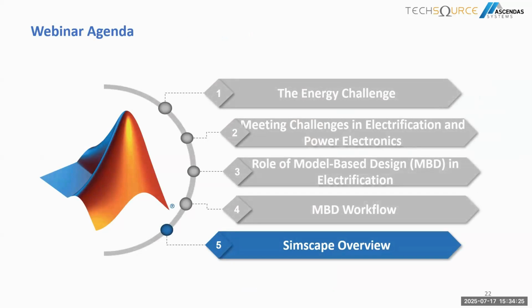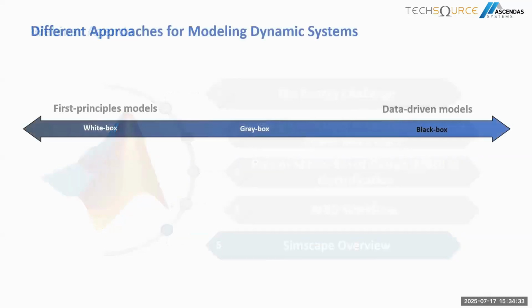It can also cover mechanical, thermal and other physical domains together, providing more realistic system representations. So let me show a little bit of how we use Simscape, or MATLAB and Simulink, for different approaches in modeling dynamic systems.